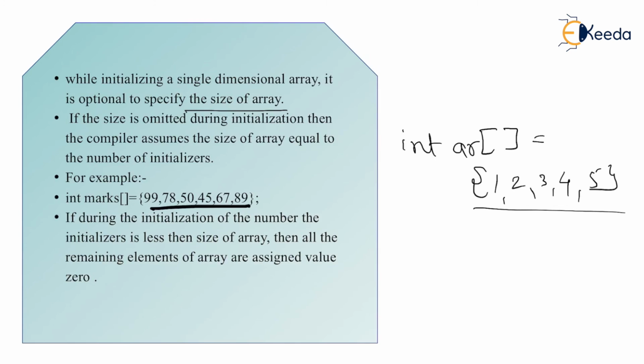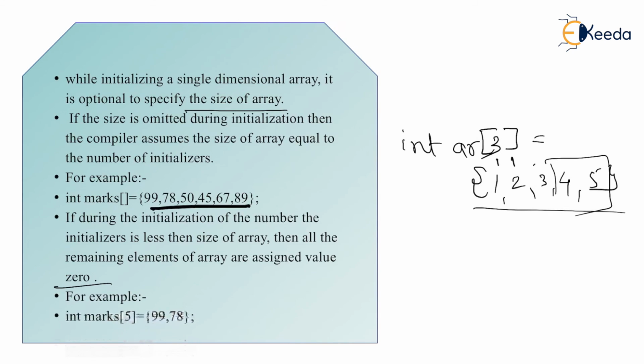If during the initialization of an array the number of initializers is less than the size of the array, then all the remaining elements of the array are assigned value 0. That means if we try to give the size as 5 but the elements are 3, it will accept the first, second and third, and the rest will be 0.